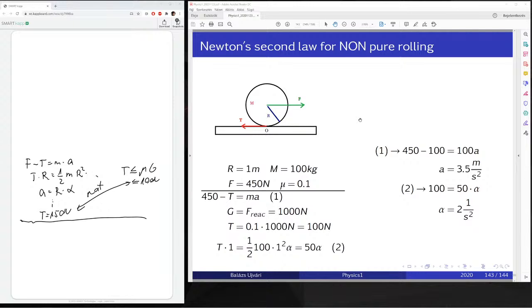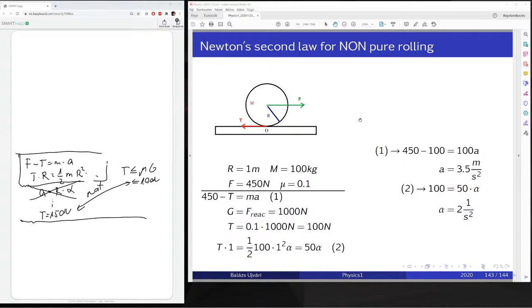We can forget this condition a equals r times alpha, because that's only true for pure rolling. That's only true for how the wheel moves on a dry road. If it's not true, the other two have to be true, because these are the so-called Newtonian equations for translation and rotation. But if it's not pure rolling, we can forget the static friction, and that will be the kinetic friction.